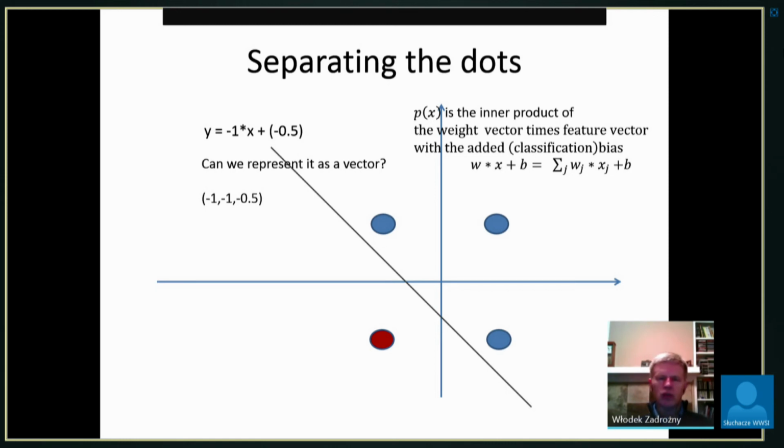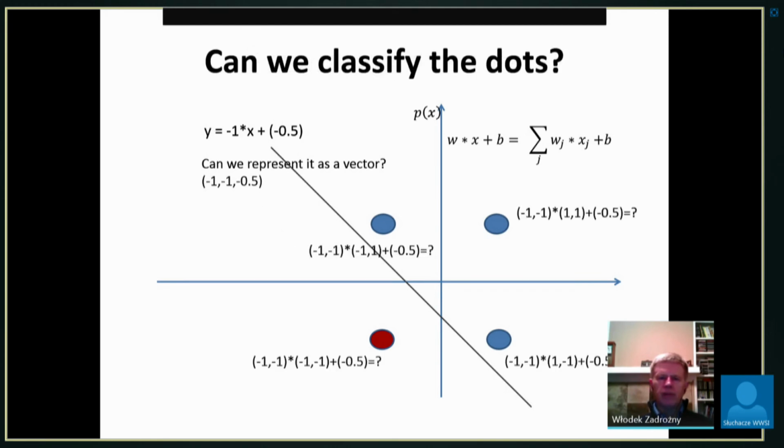Right, so let's look at these dots. Starting with the red dots and going clockwise, starting with the blue dot above the red dot, we can look at the representation of the dot. The representation of the dot is minus 1, 1. If we want to compute the value, what do we get?